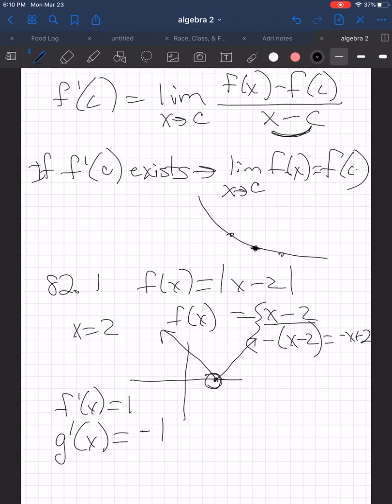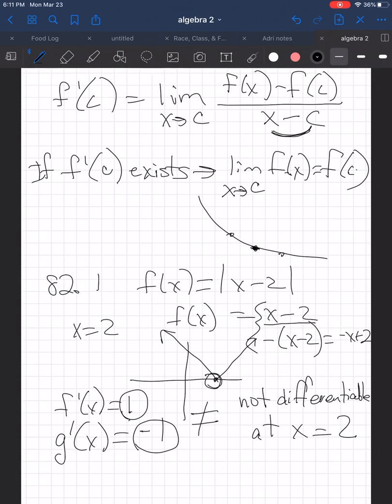On the left-hand side, it's negative 1. On the right-hand side, it's positive 1. Because the derivatives are not equal, this curve is not differentiable at x equals 2.